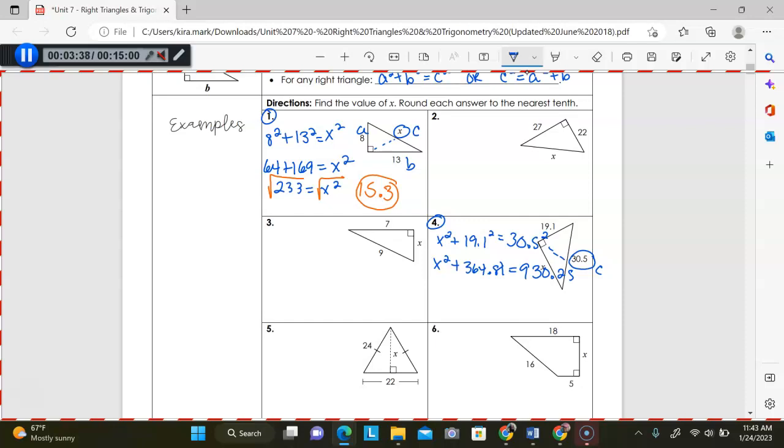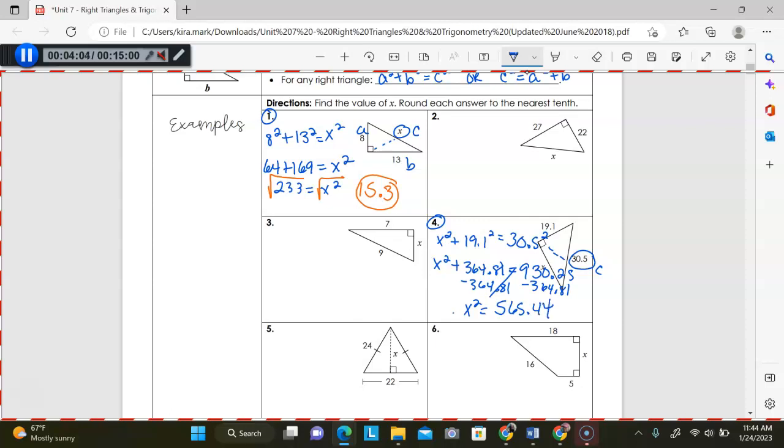Go ahead. I need to get x by itself, so subtract the 364.81 number. 364.81. Subtract it on both sides. We get x squared equals that difference. I get 565.44.